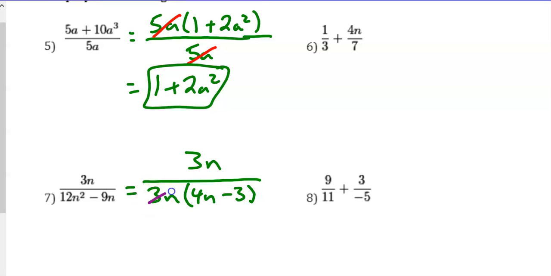So again, I can cancel the 3n's. Now remember, this is in the denominator, so I have to put a placeholder here. 3 divided by 3 is 1. n divided by n is 1. So I should get that to be 1 in the numerator, 4n minus 3.